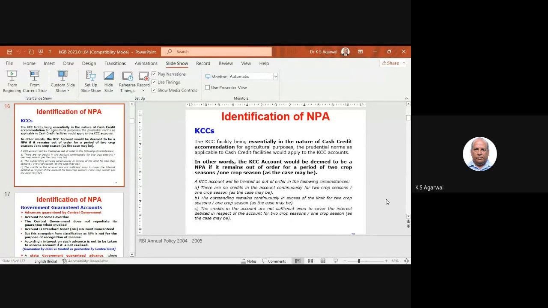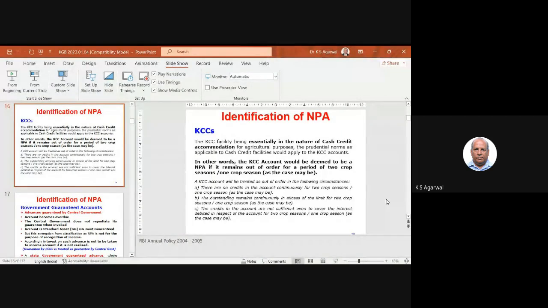The KCC account would be deemed to be NPA if it remains out of order for a period of 2 crop seasons, 1 crop season, as the case may be. The KCC account will be treated as out of order if there are no credits in the account continuously for 2 crop seasons, 1 crop season, the outstanding remains continuously in excess, and the credits are not sufficient to cover the interest.